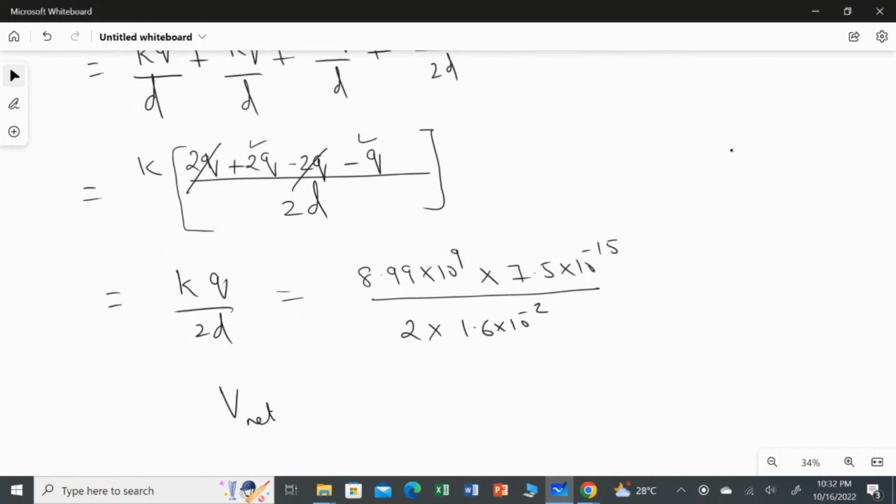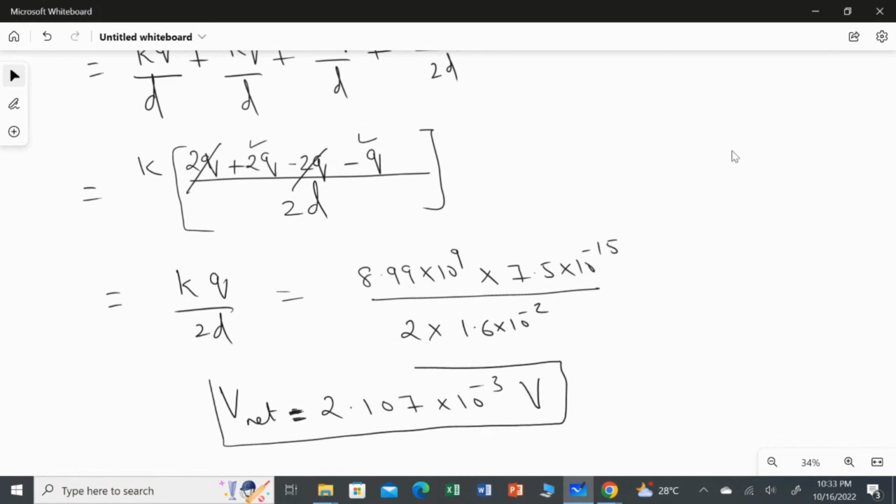So our net potential for these 4 charges at point P is 8.99 times 10 to the power of 9 multiplied by 7.5 times 10 to the power of minus 15, divided by 2 multiplied by 1.6 times 10 to the power of minus 2. So I got 2.107 multiplied by 10 to the power of minus 3, and the unit for the potential is V. So this is the answer for our last question.